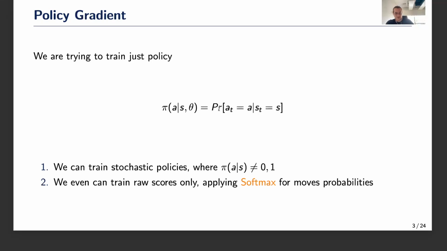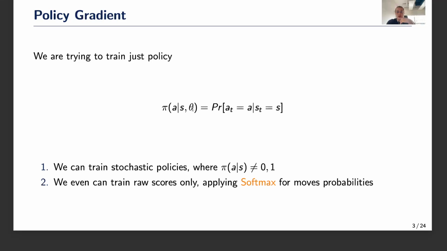So it's pi of a given s and theta, which is just this probability. This tells us the probability of taking action a in a state s under the current policy parameters, theta.